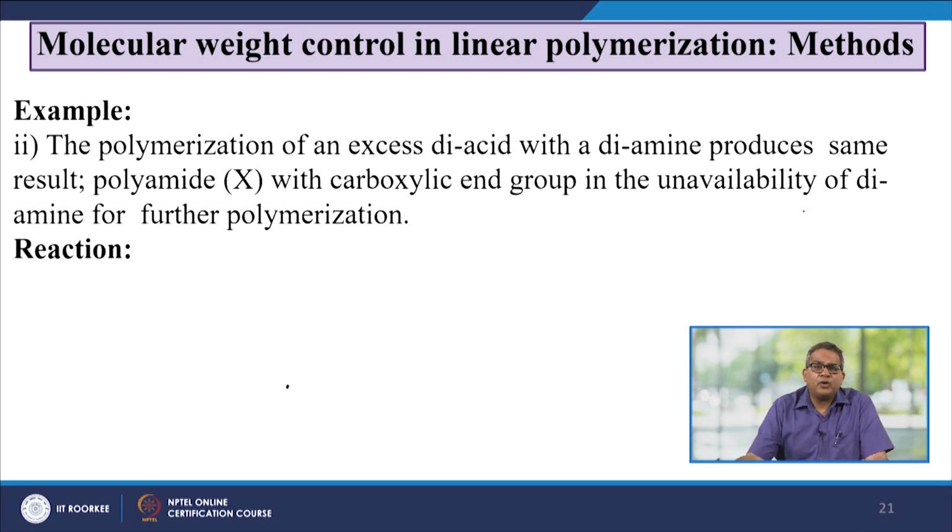Another example: polymerization of an excess of diacid with diamine produces the same result, a polyamide with a carboxylic end group, due to the unavailability of diamine for further polymerization.